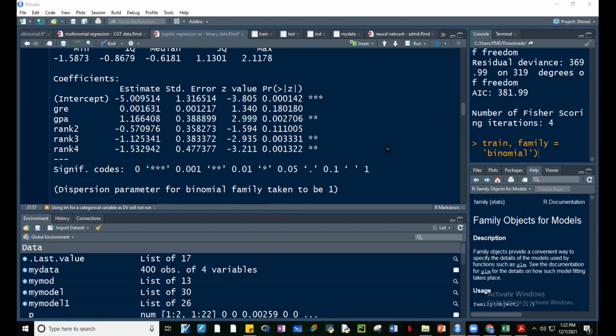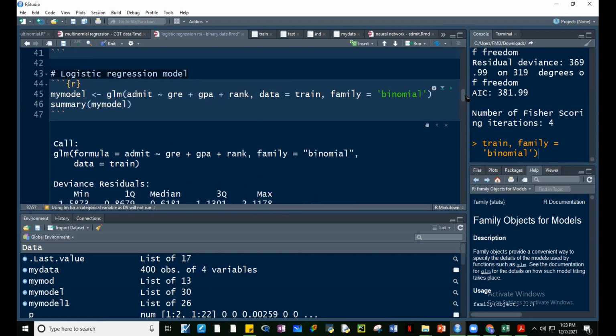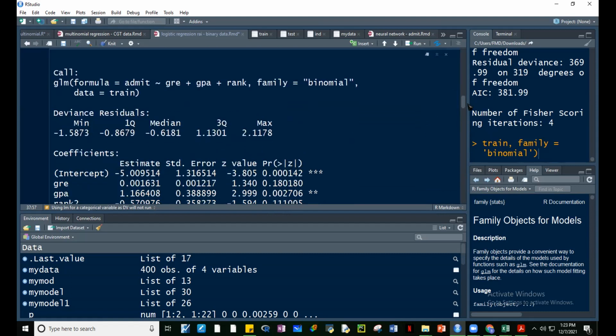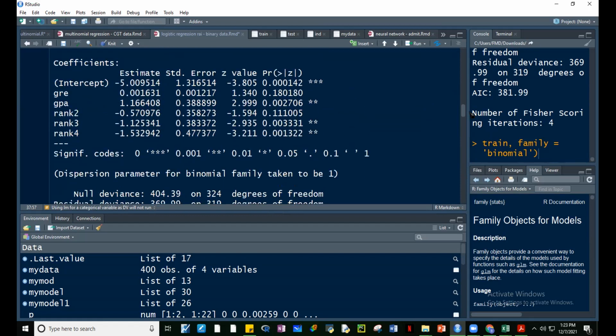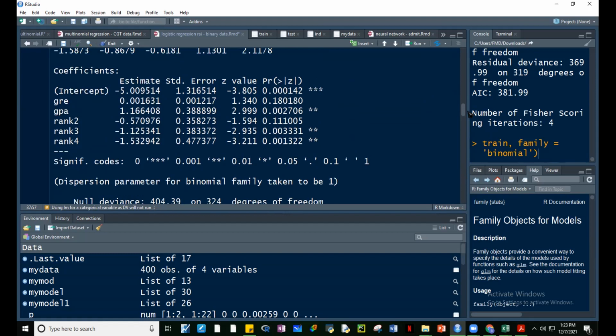Since rank is a categorical variable, so automatically ang ginawa ni R, hinanap niya yung value that will come alphabetically, mauuna si rank 1. No? So automatically ginawa niyang benchmark si rank 1, ginawa niyang baseline. So there will now be 3 dummy variables. Hindi natin pwedeng isama si rank 1 as a dummy variable kasi we're going to fall into what we call the dummy variable trap.